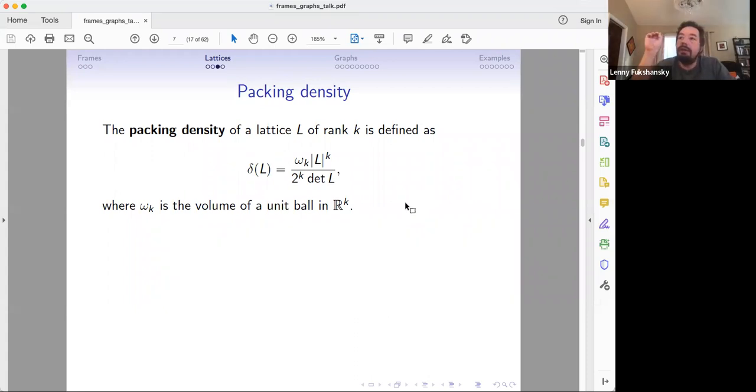Around every point of a lattice, you can define a certain polytope called the Voronoi cell of the lattice, and these Voronoi cells tile the space. The volume of one Voronoi cell is the determinant of the lattice, which is the absolute value of the determinant of its basis matrix.